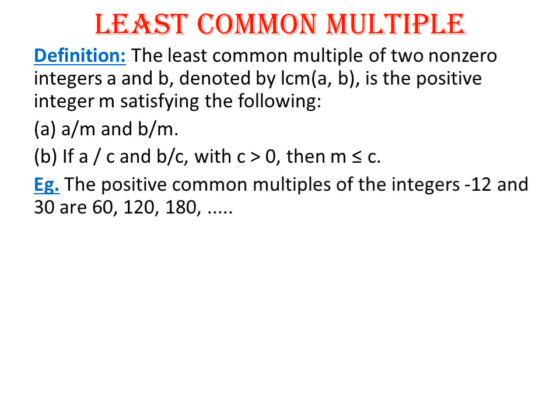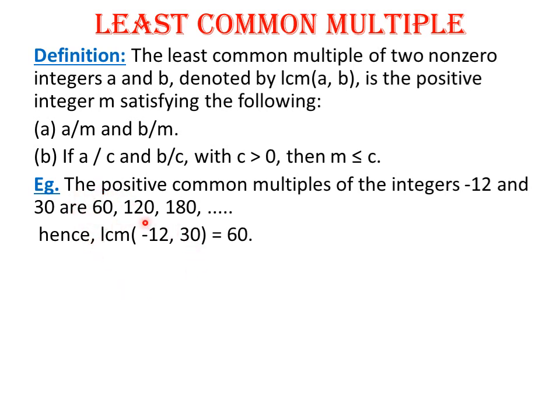For example, the positive common multiples of integers minus 12 and 30 are 60, 120, 180 and so on. We can get infinite common positive multiples, right? So among all of these, 60 is the least one, right?